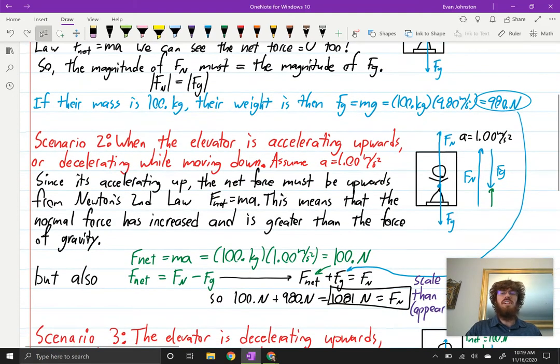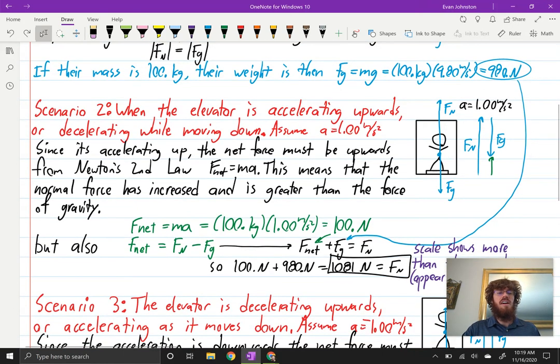So now if we look at the elevator accelerating up or decelerating on the way down, let's say there's an a value of 1 meter per second squared, okay? Because I want to give you some samples with actually doing the math part here. We know that Newton's second law is the net force is mass times acceleration, and we know their mass is 100 kilograms, and now we know the acceleration.